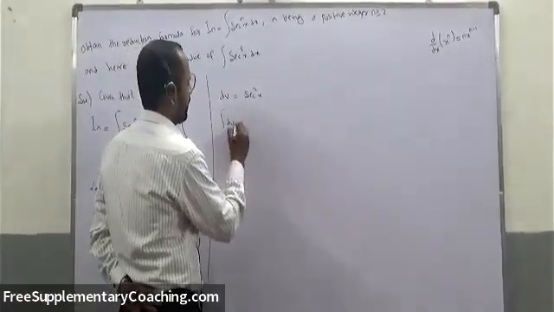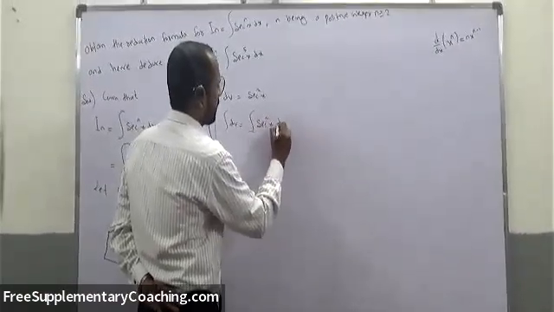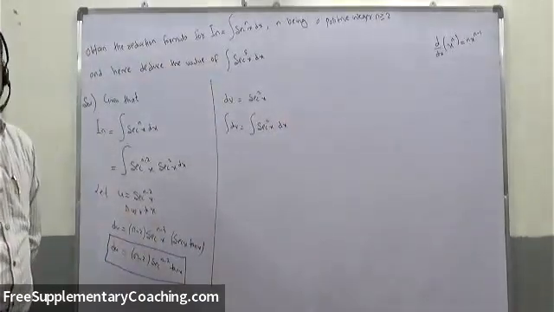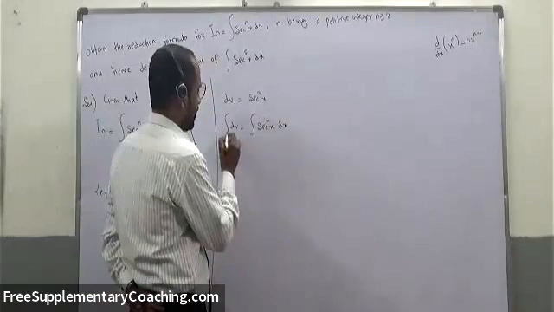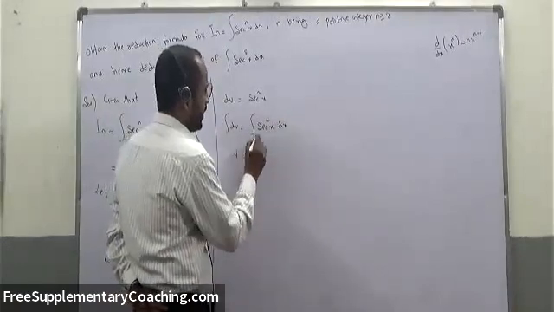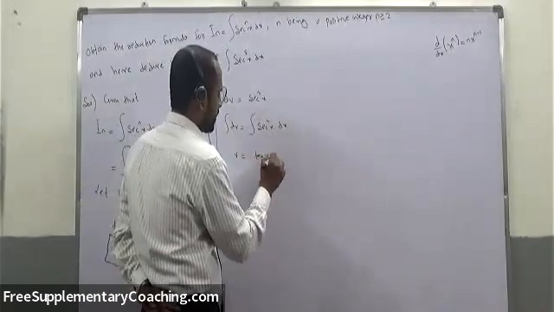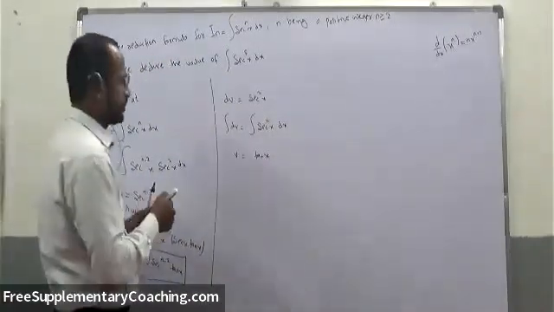Integration of dv is equal to integration of secant square x dx. What is the formula for integration of secant square x dx? Integration of dv is v, and integration of secant square x dx is tan x. So we got the value of v.